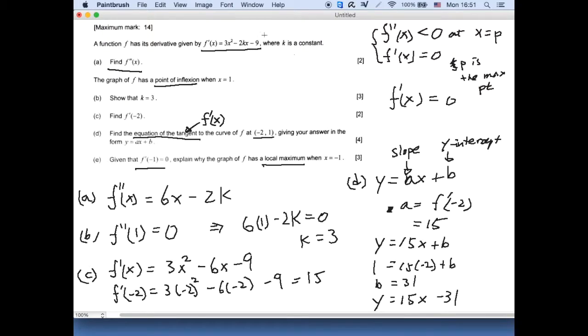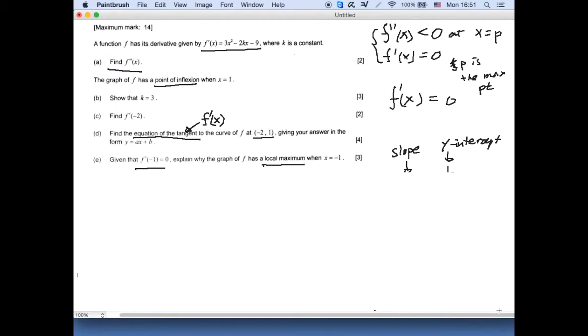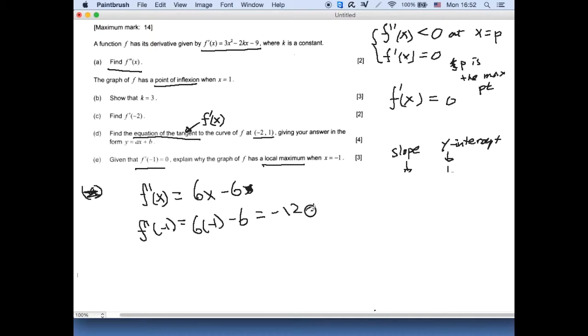So from here, we can just apply the result of the second derivative. Let's recap here: the second derivative is just 6x minus 6. And then f prime prime negative 1 is nothing but substituting negative 1 into the second derivative, which is negative 12, less than 0.